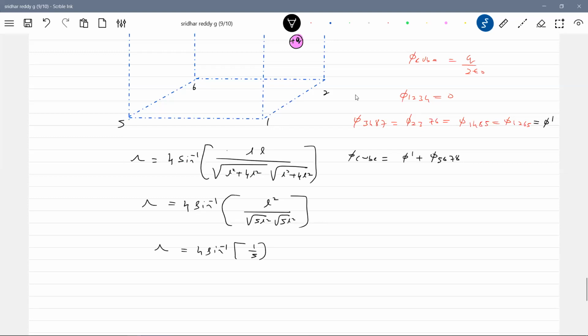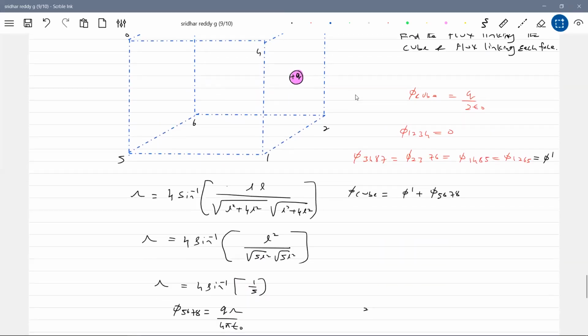Now what is the flux through 5, 6, 7, 8? Now substitute that and you'll get the flux. So let me substitute all. These are some ways of testing students. So this should become Q by 4 pi epsilon naught times 4 sine inverse of 1 by 5.